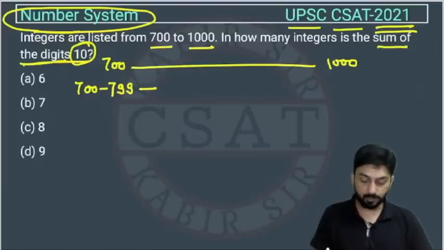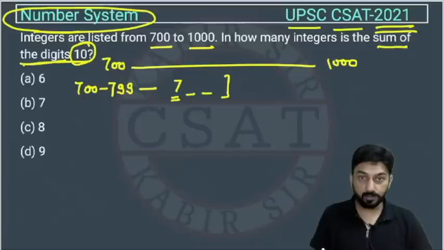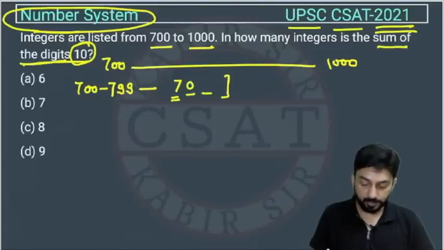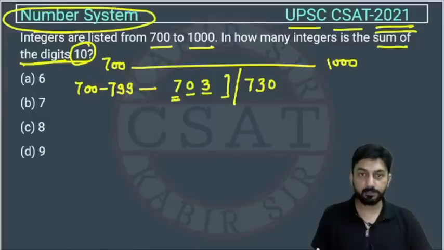So see, we have the first digit already, this 7 will remain fixed. The second and third positions we can change, right? To make this addition 10, what do we need? We need 3. 7 plus 3 will be 10, right? So the addition of the digits will be 10, or it could be 730, right? So this is one option.